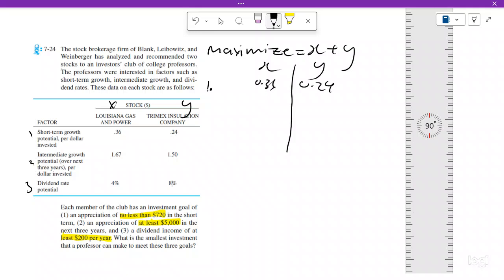Okay, so let's see. For y, you have 2.5 here, which is somewhere here, and you have 3.33 somewhere here. So plot it first. Then all the formulas are suggesting that we are going up.